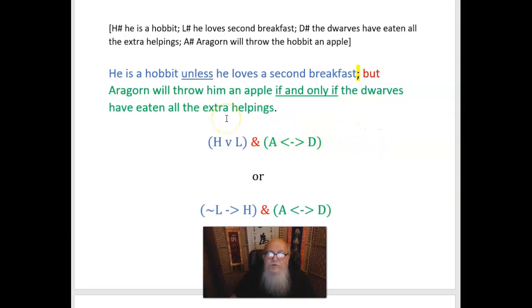But also remember, just for fun, that anything of the form P or Q could become not Q then P. So H or L could also be translated as not L then H, and it would have the same logical meaning. So we could also translate it if not L then H, and A if and only if D.